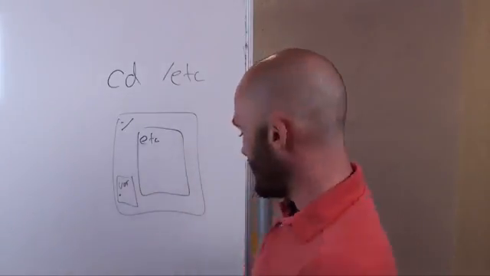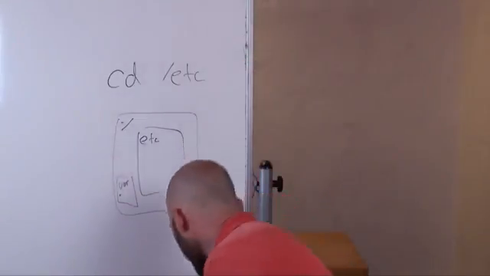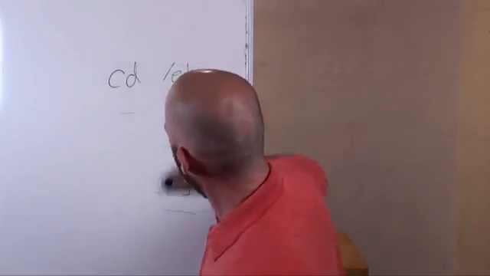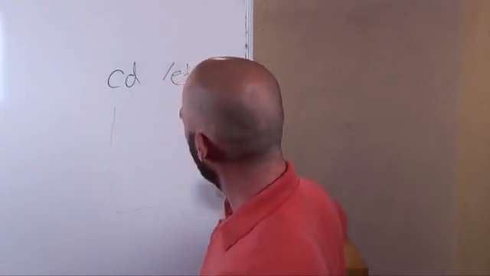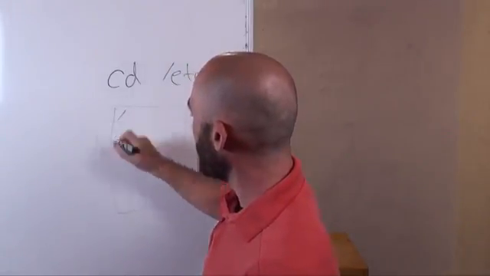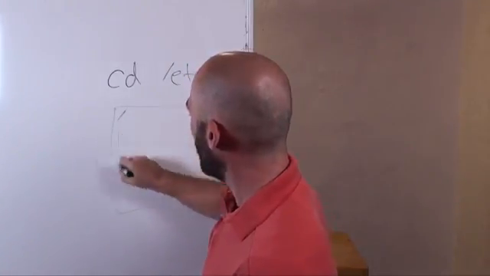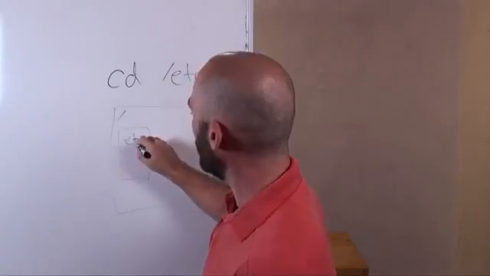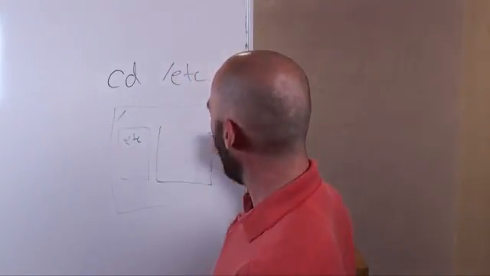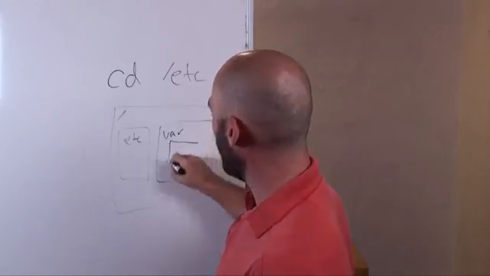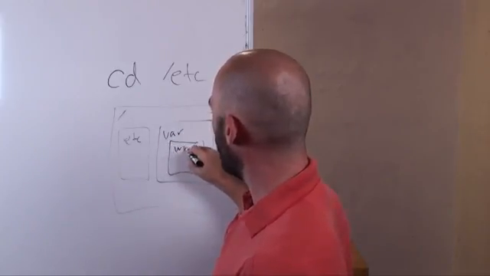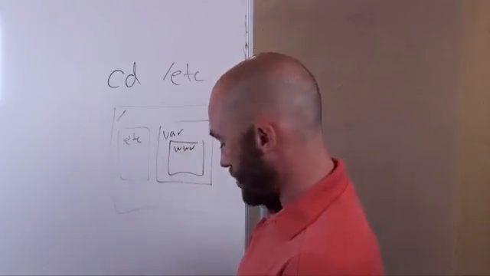The reason is let's say we have a bigger folder structure here. You have the root here, then you have your folder etc. Now let's say you have your folder var, and in this folder is www.